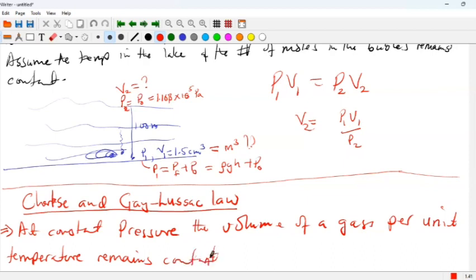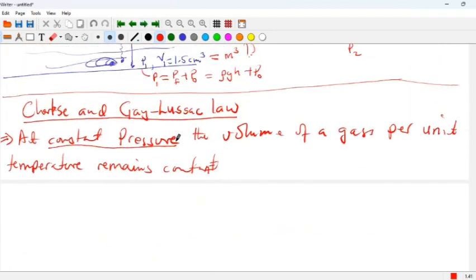I'm trying to be different from grade 12. In O level, you learned them as separate, Charles law and the pressure law. So here I just want to combine them so that at least we feel like we are in university. We are learning something slightly different from what we did in high school, more advanced.